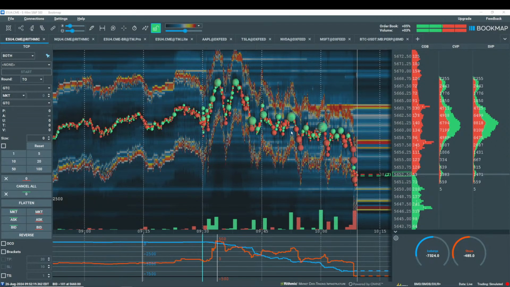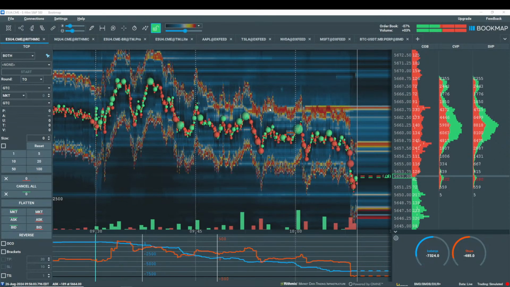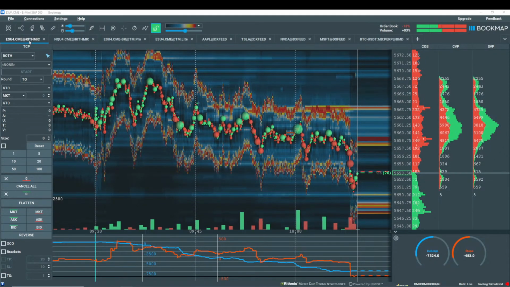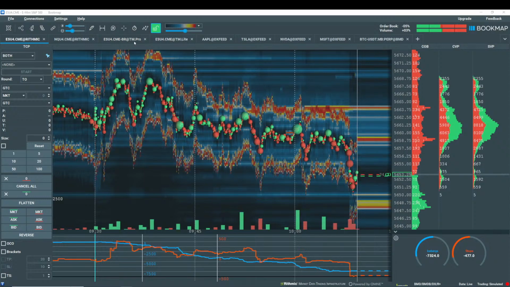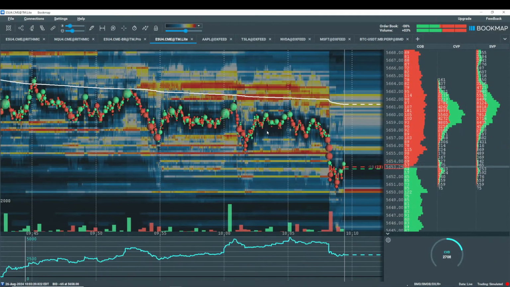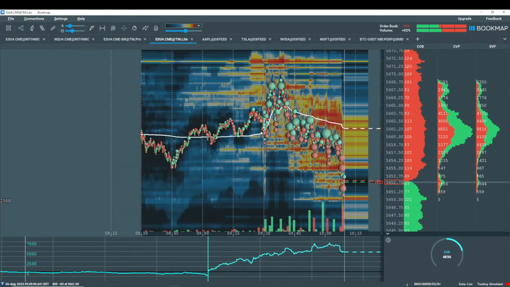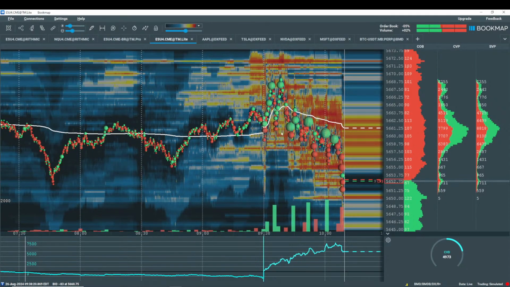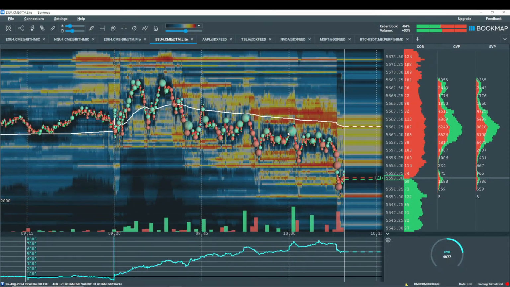So in fact, I'm going to jump over from this version of Bookmap here from the ES to the TraderMap Lite version or TraderMap Pro version. We'll go with the TraderMap Lite version here. We're going to take a look at the heat map here.